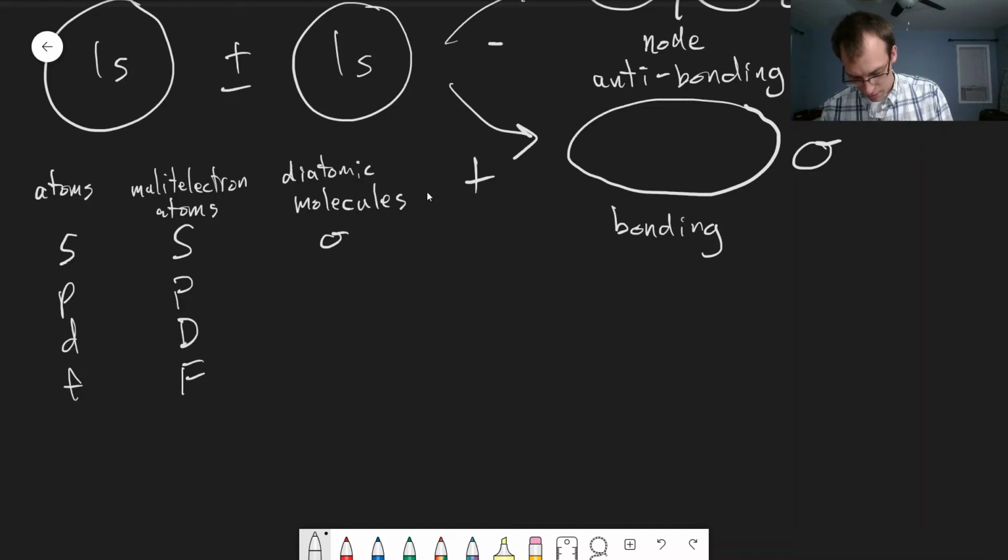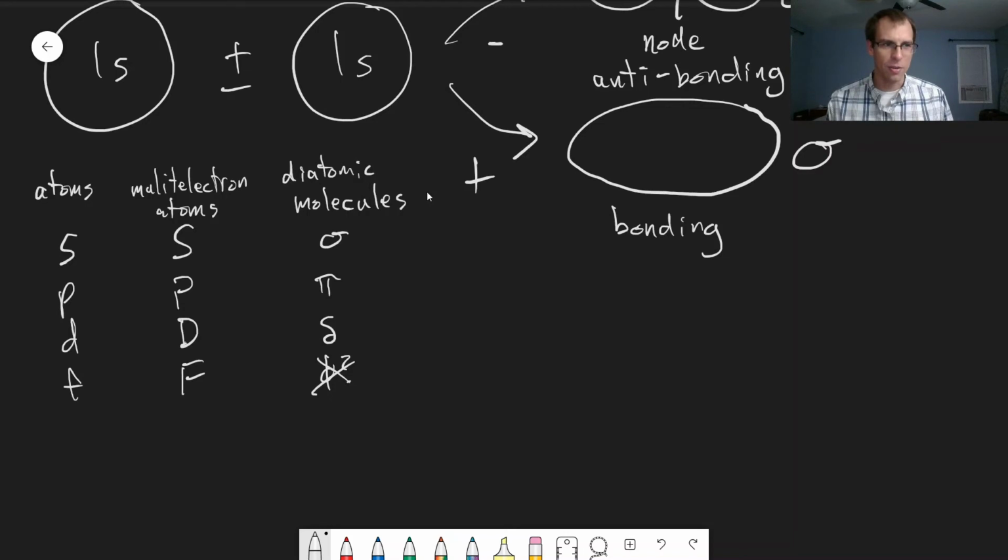Lowercase sigma, lowercase pi, lowercase delta, and you don't usually get beyond delta. There might be phi, but I'm not even sure, so don't quote me on that one. But for sure, sigma, pi, and delta orbitals are things that are seen.